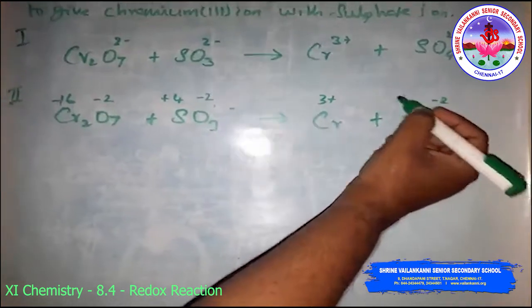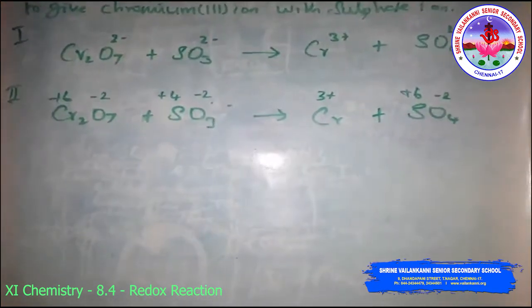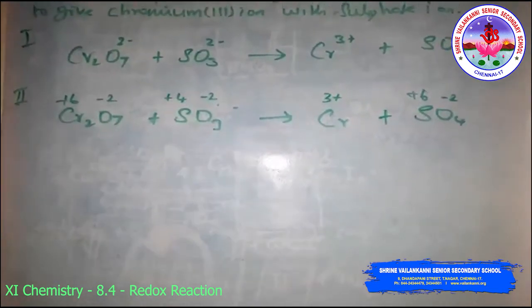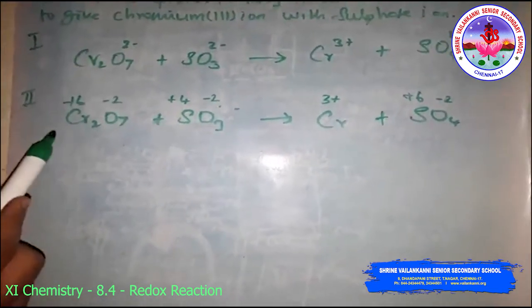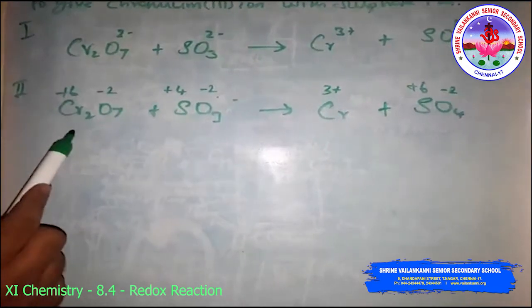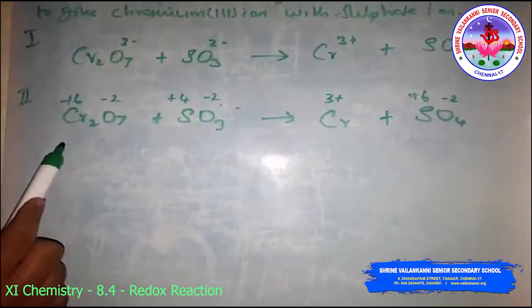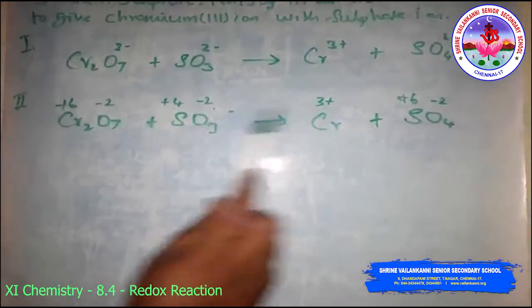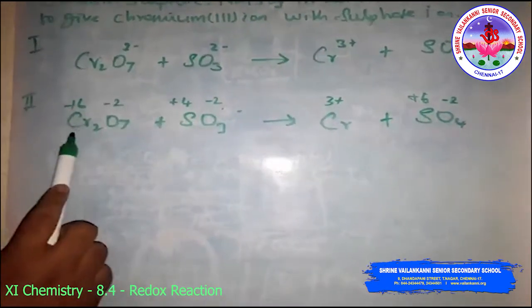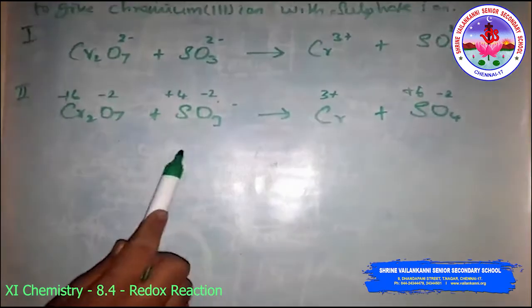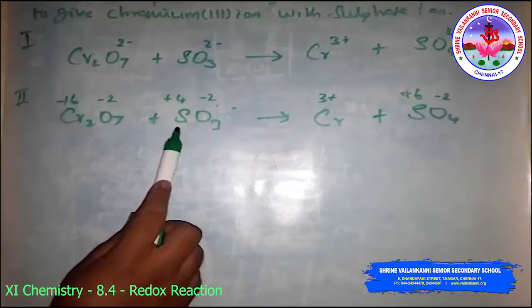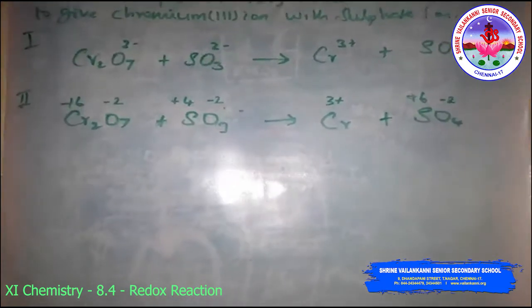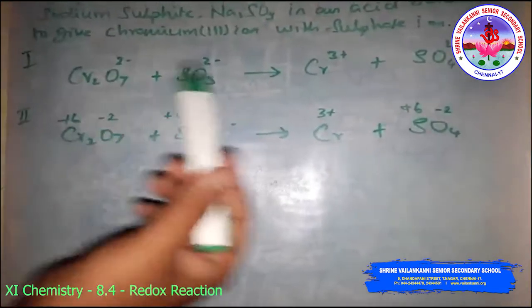The dichromate ion is the oxidant, going from plus 6 to plus 3, and the sulfite ion is the reductant, going from plus 4 to plus 6.